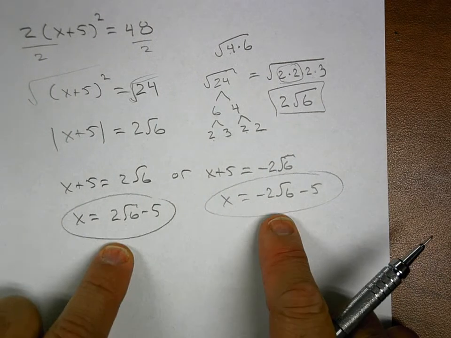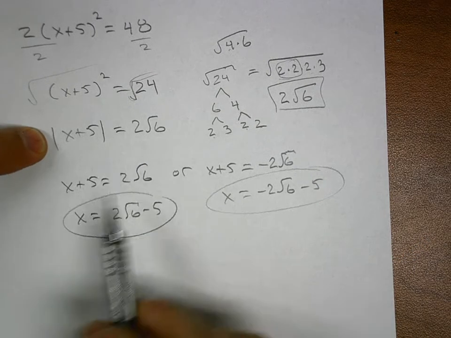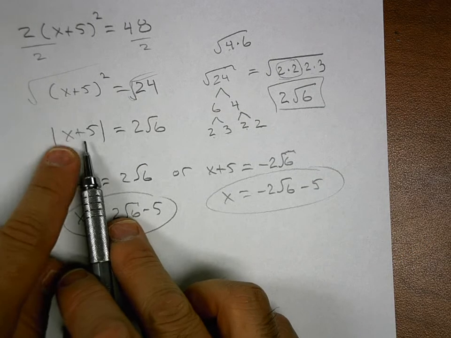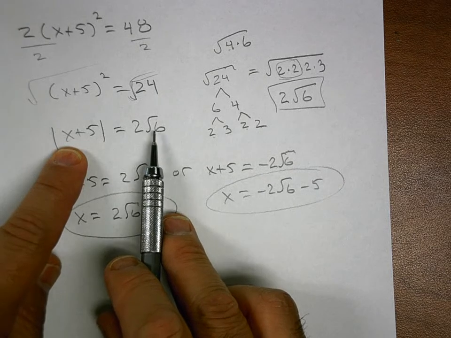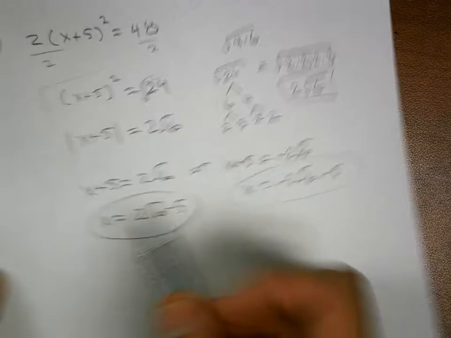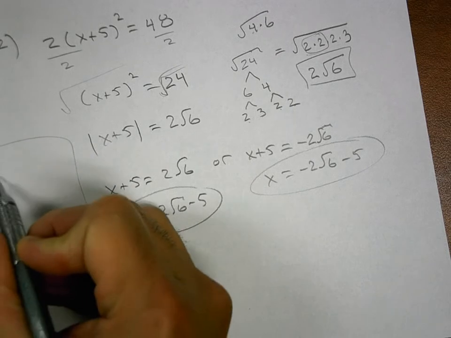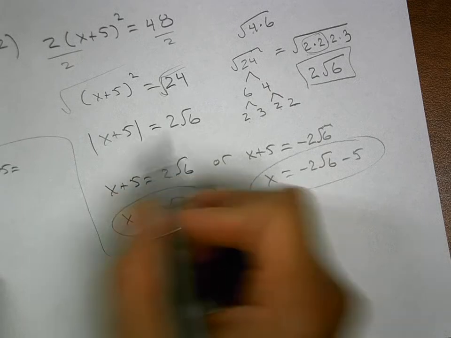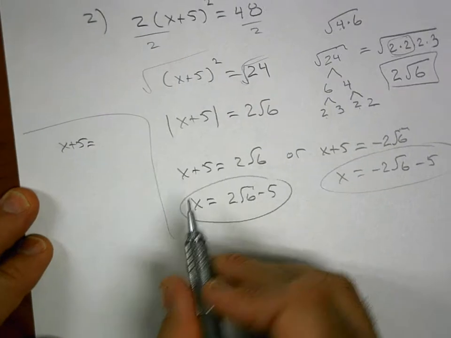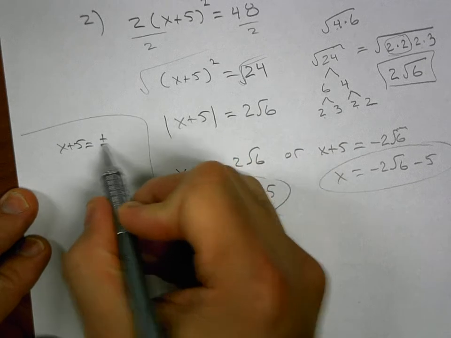If you want, you can save a little bit of time because we know when we set this up, x plus 5 is going to equal positive 2 root 6 and negative 2 root 6. You could just do this. Okay, from here, x plus 5 equals, just put plus or minus 2 root 6.